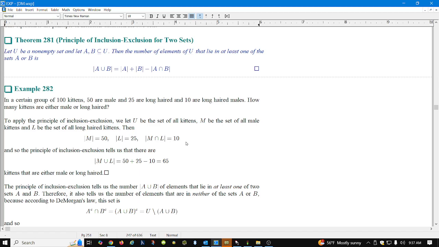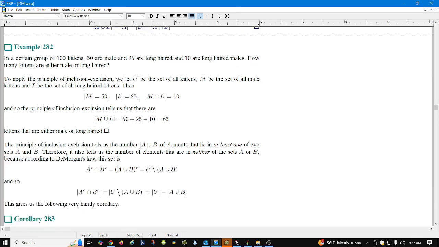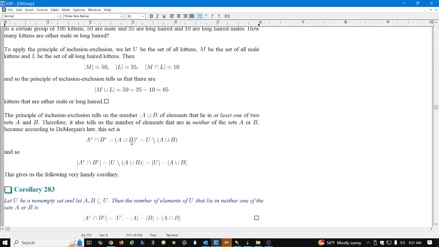This is the information we're given, so we can compute the size of the union to be 65. Now, the principle of inclusion-exclusion gives us a formula for the size of the union, A union B. These are the elements that lie in at least one of the two sets.